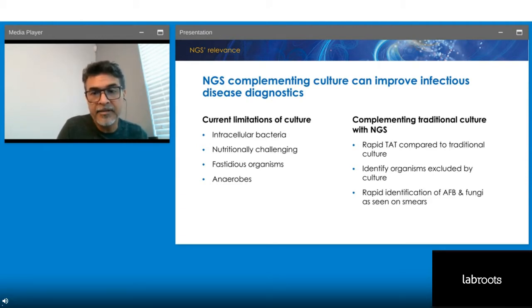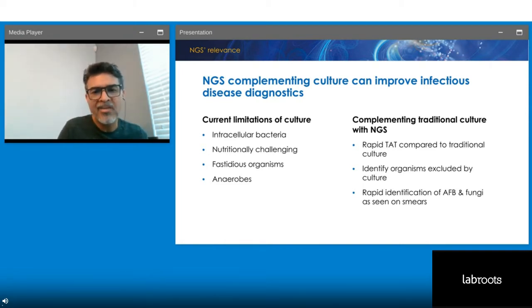NGS can also identify organisms that are excluded by culture. As we mentioned before, intracellular organisms that are nutritionally challenging, especially those that are not considered during the setup of the culture, can also be identified by NGS. And one of the areas that is probably the most important is mycobacteria and fungi.